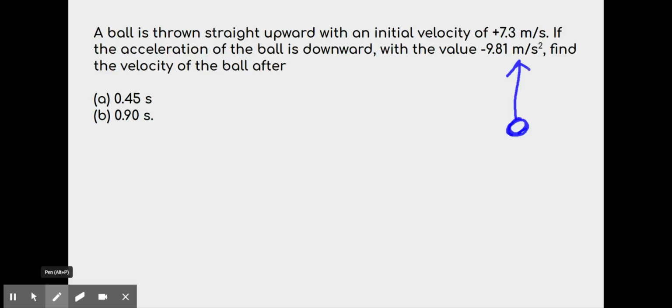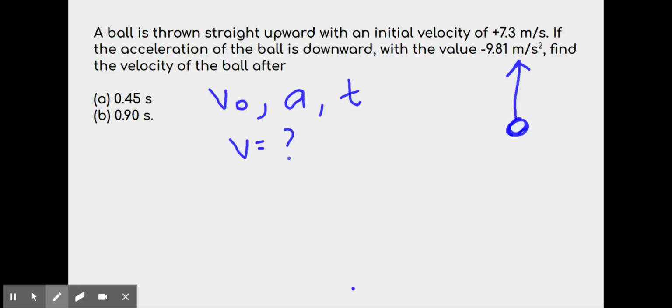Well, in this case, we know the initial velocity, we know the acceleration, and we know the time. What we need to find is the final velocity. So we know these, and we do not know this, the final velocity, v or vf, however you want to write it.